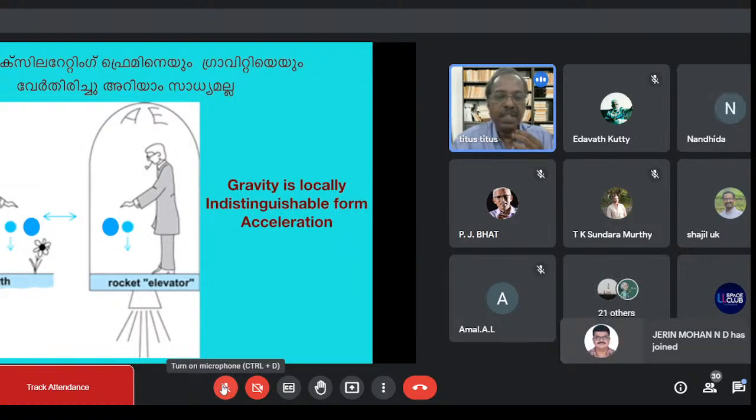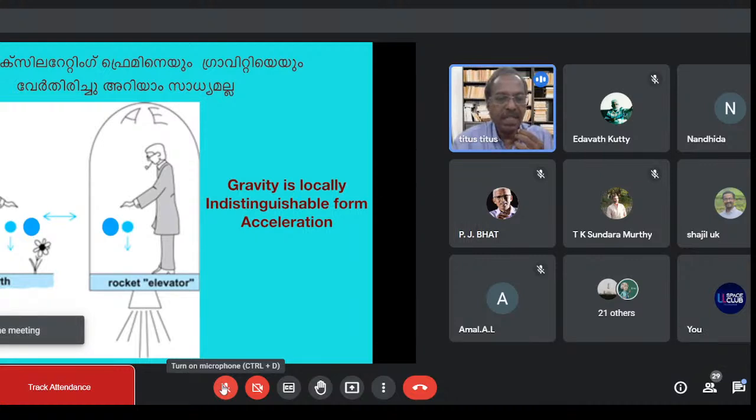And his chamber is fitted with a rocket in the rear end. Okay. So watch this figure very carefully. One man is sitting on the ground, and another similar man is sitting on a spaceship far away in the outer space where there is no gravity.